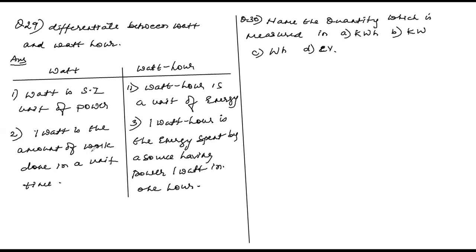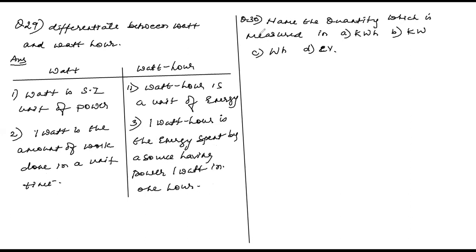To remember this: 1 watt is the amount of work done in a unit time, whereas 1 watt-hour is the energy spent by a source having power 1 watt in 1 hour. I think it is fairly simple, children. These 2 points should fetch you enough marks.